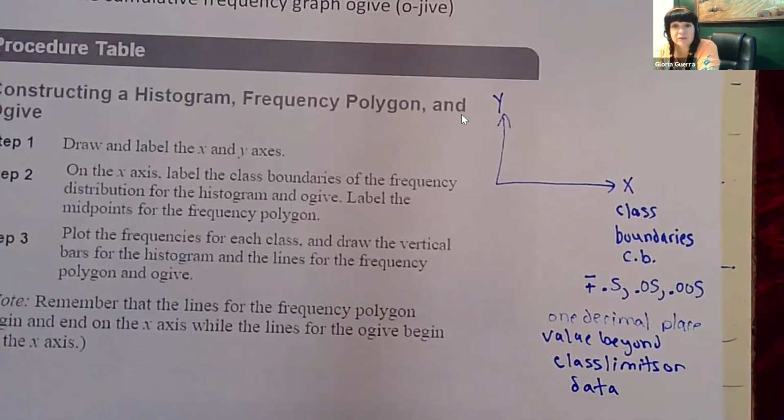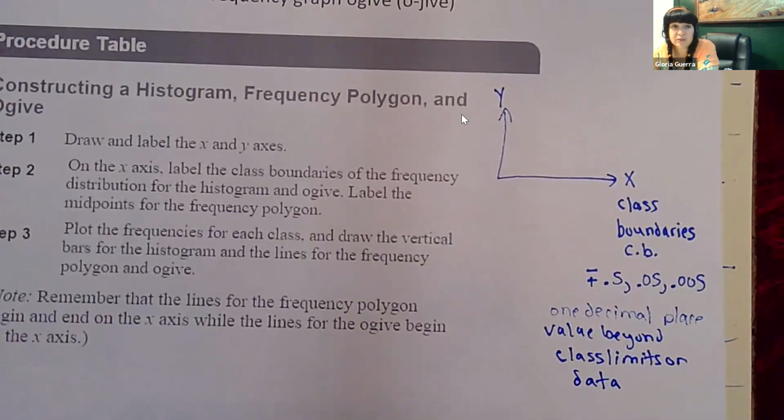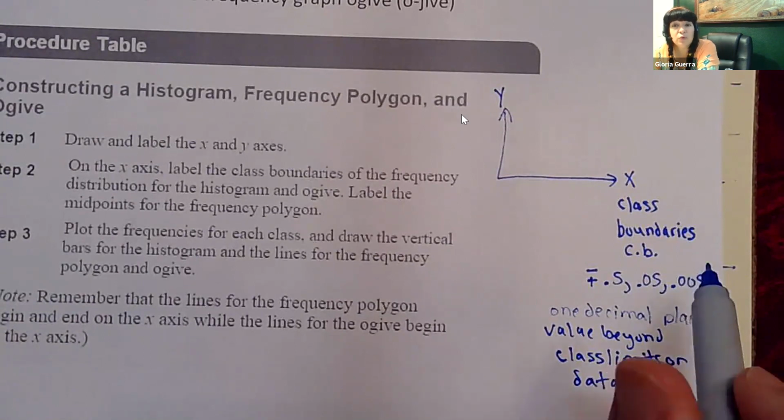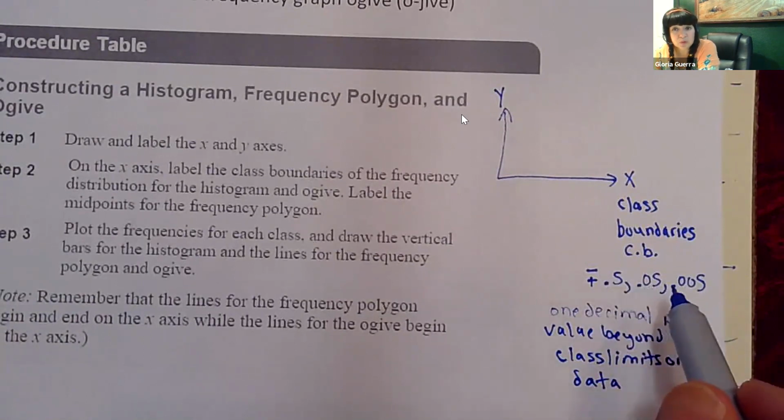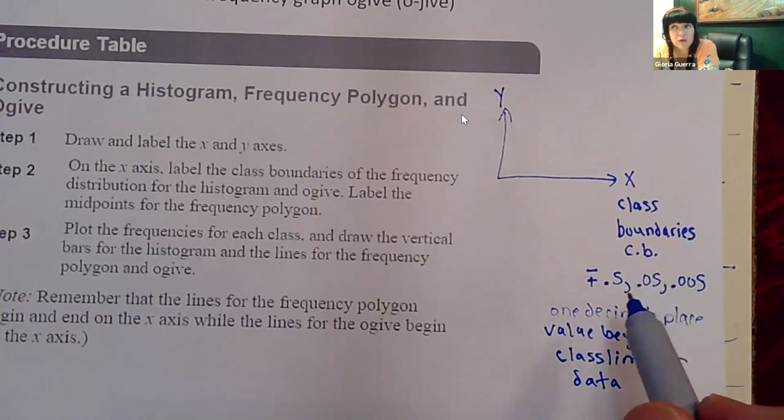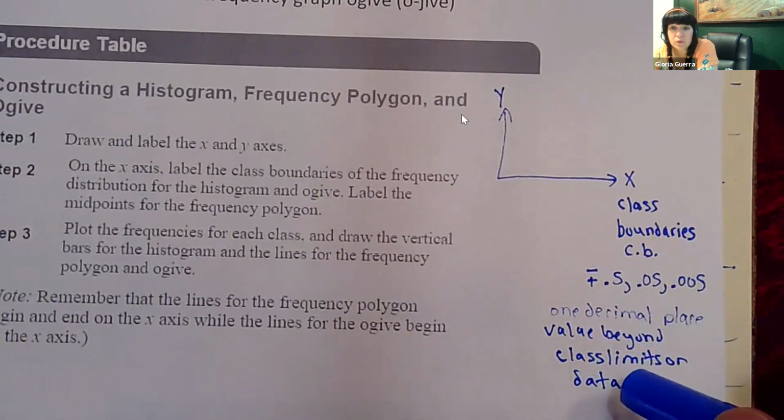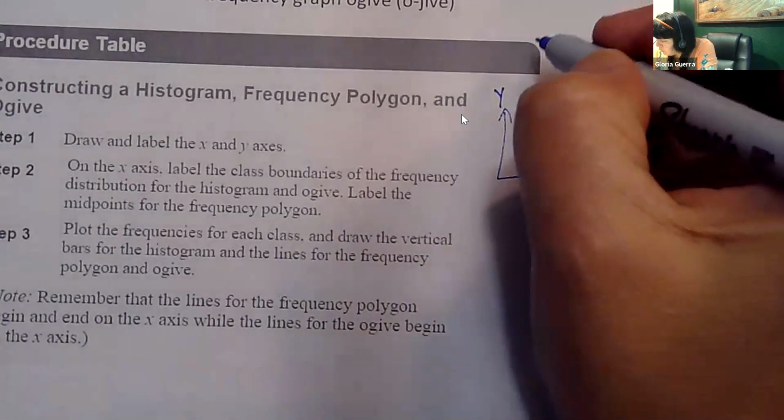Because if your data is in counting numbers, your class limits would be made using counting numbers. If your data is in the tens place, your class limits would be reflective of the data also in the tens place. So when you create your class boundaries and choose which one to subtract and add, you've got to use the one that's one decimal place beyond how your data is given or how your class limits are given. But the main thing here is that this is going to be for a histogram.